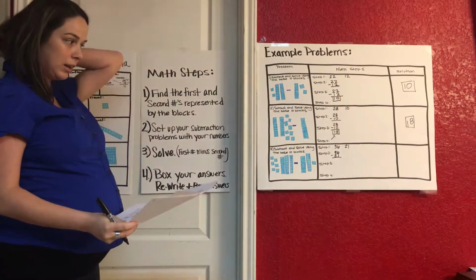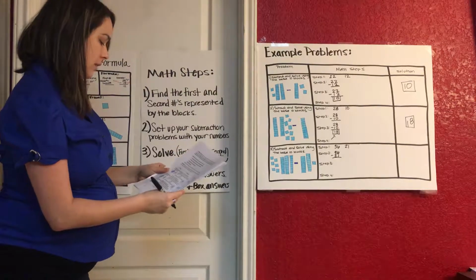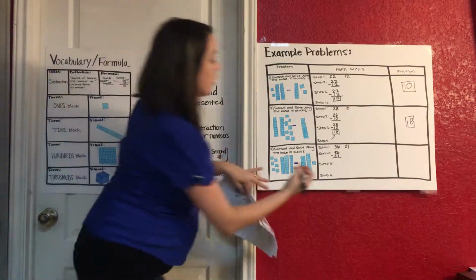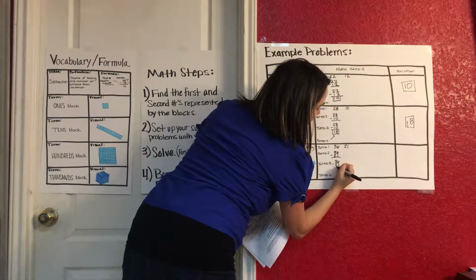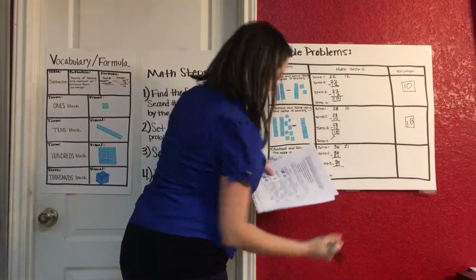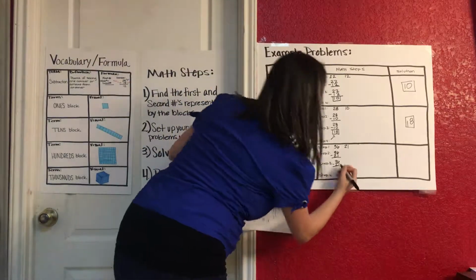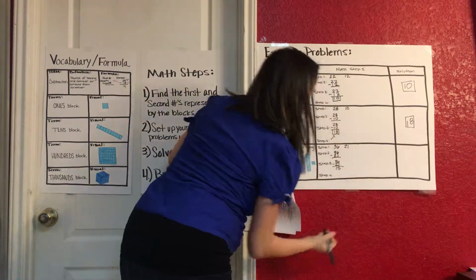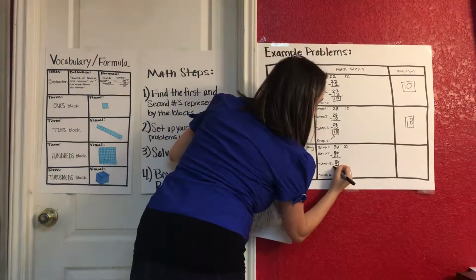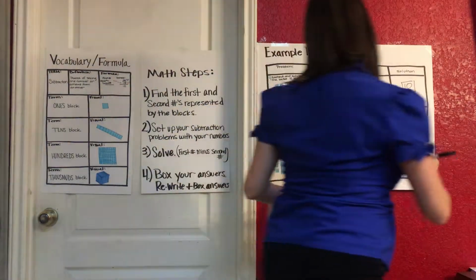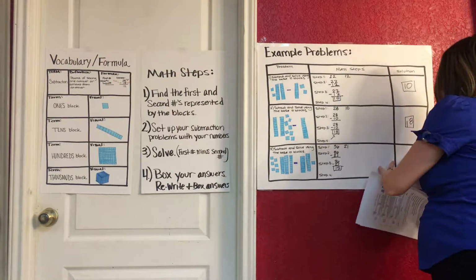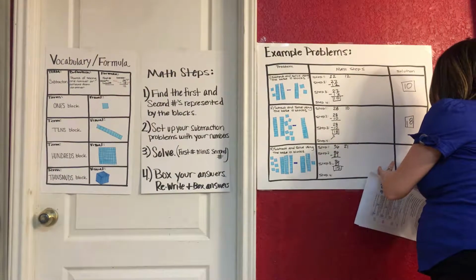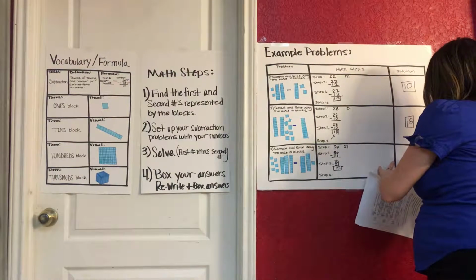That's what it should look like. And then step 3, we're going to go ahead and solve 36 minus 21. And then we're going to get our answer, 15. We're going to box it in. And then we'll also move to step 4 and rewrite 15 and box it in.